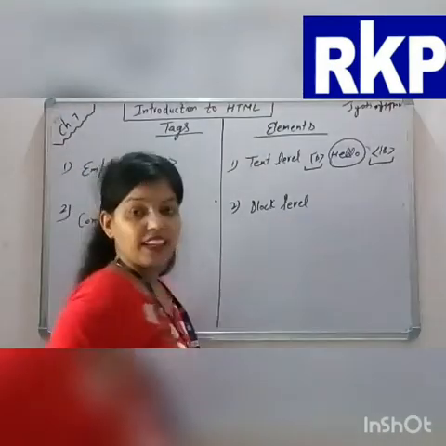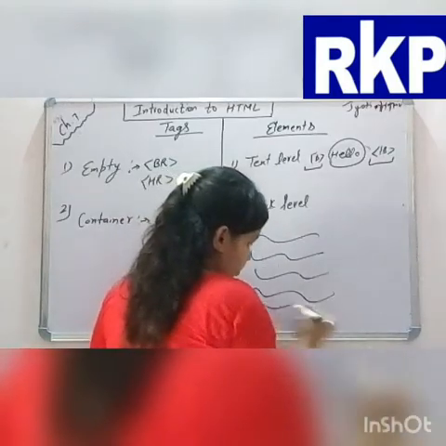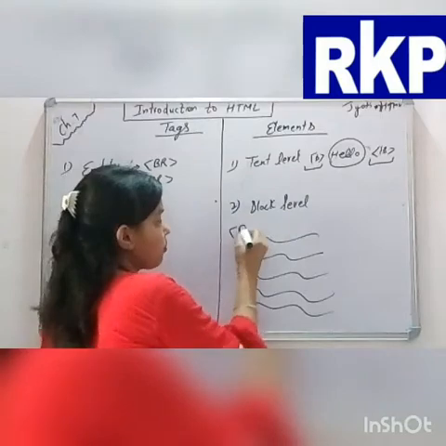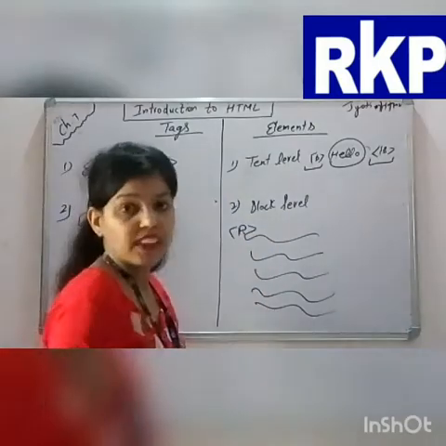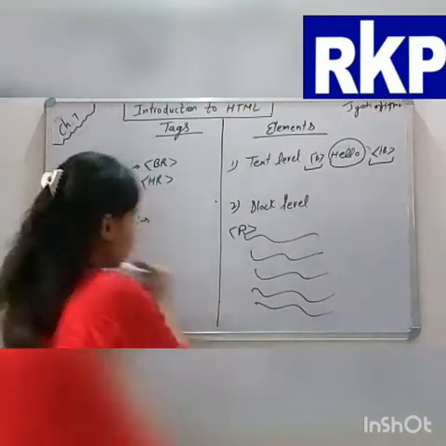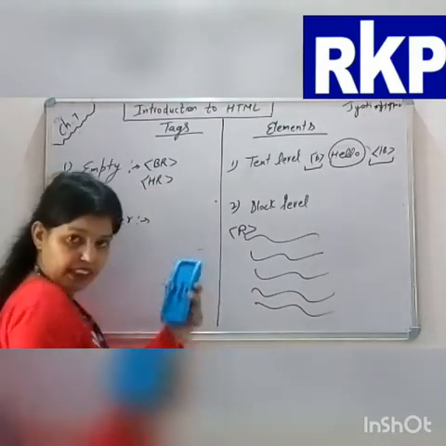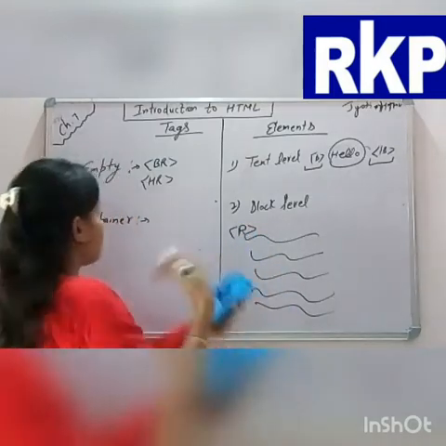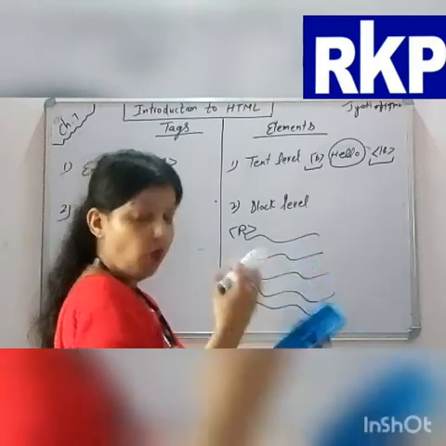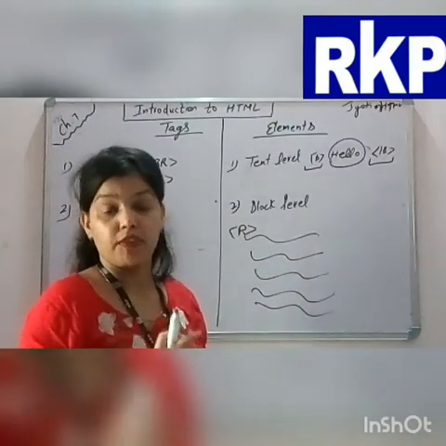In the case of block level, a complete paragraph will come. Like this is a paragraph. To make a paragraph, you know that if you are writing text, by default the text on the web page will come in a single line only. It will not come in separate lines. To arrange it in separate lines, you have to use the BR tag, break tag, or you can use the paragraph tag to make a paragraph.